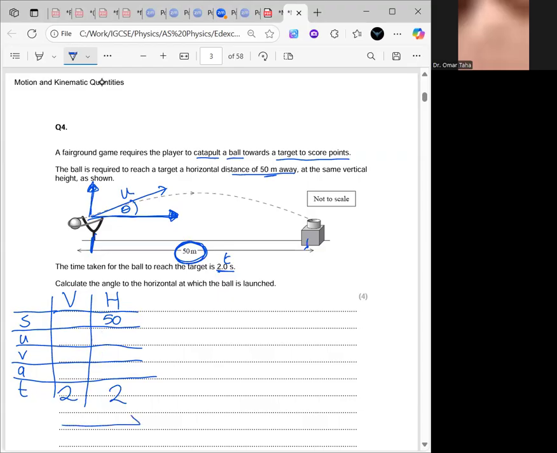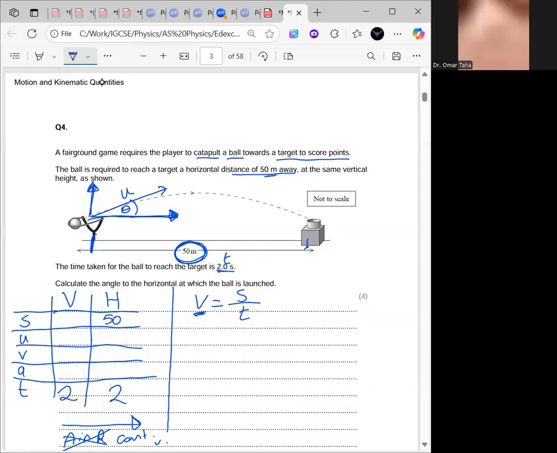Because going in the horizontal direction means that there is no air resistance, so we're going with a constant velocity. The velocity in the beginning is the same as the velocity in the end. If you want to get any one of these two velocities, you can simply use the easiest equation for velocity: velocity equals distance or displacement over time.